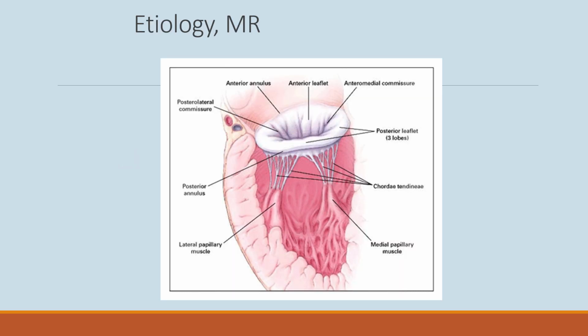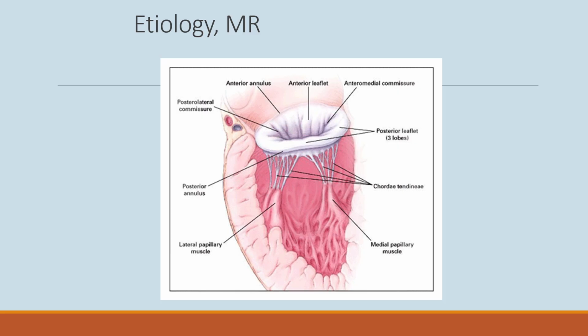Now, looking at the anatomy of the mitral valve, many things can go wrong and cause mitral regurgitation. Starting from the muscles of the heart, you have the papillary muscles, and attached to the papillary muscles are the chordae tendineae, which in turn are attached to the mitral leaflets.